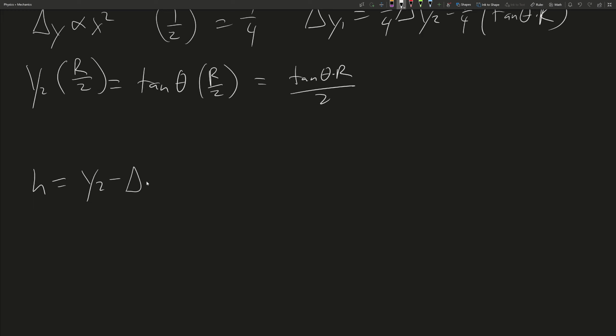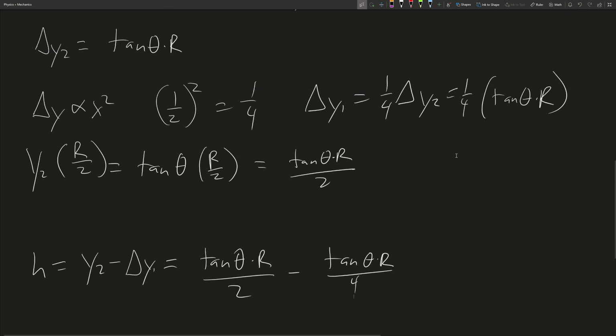So at position 1, or at this position, the height of a projectile at its maximum is equal to tangent theta times r over 2 minus tangent theta times r over 4, which we have found right here.